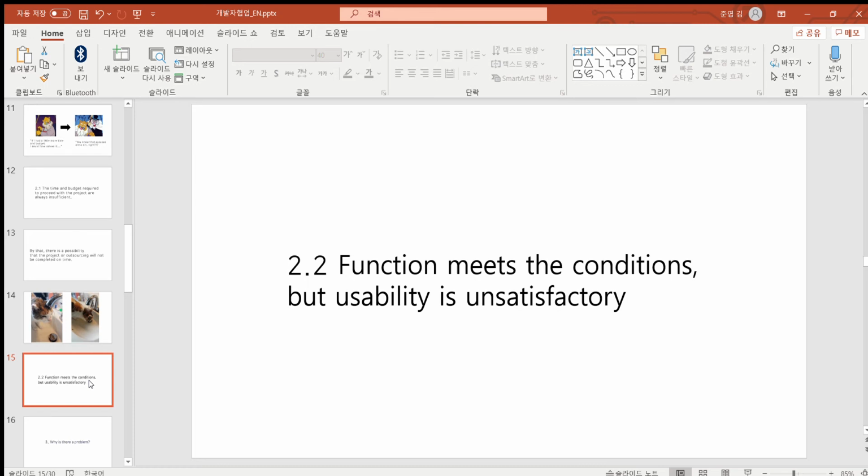There are some situations where the function meets the conditions contracted between the clients and developer, but usability is kind of unsatisfactory. So more needs to be done when you are implementing the output.